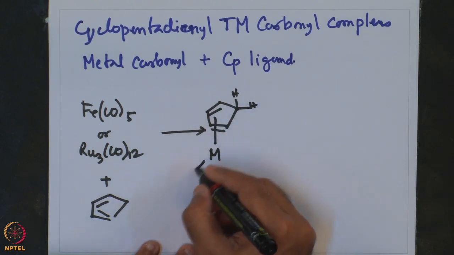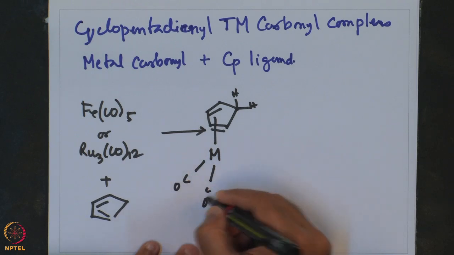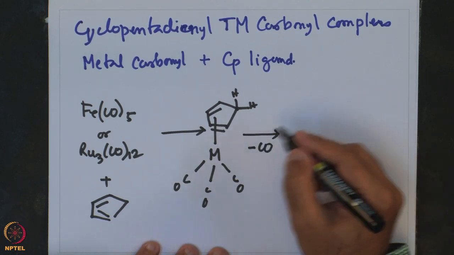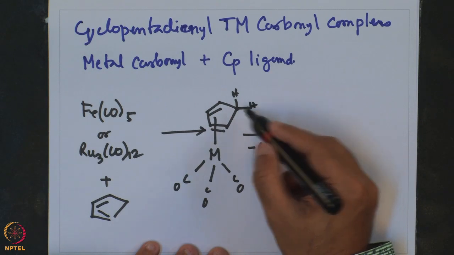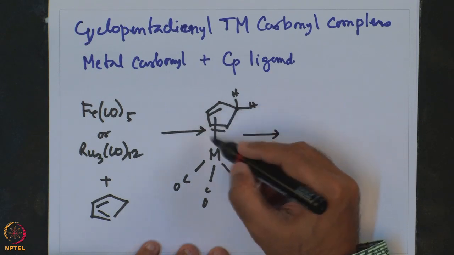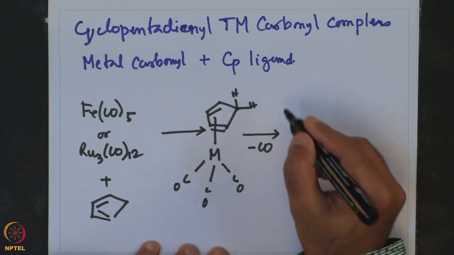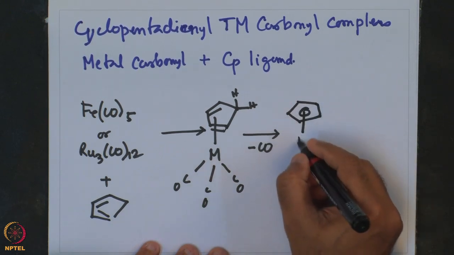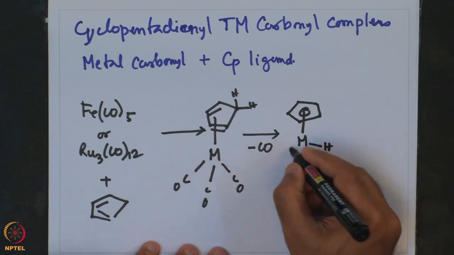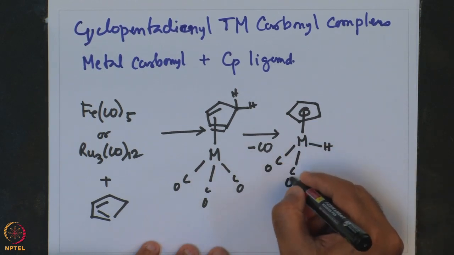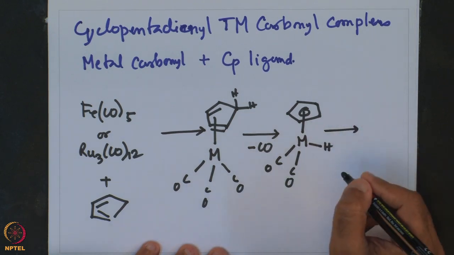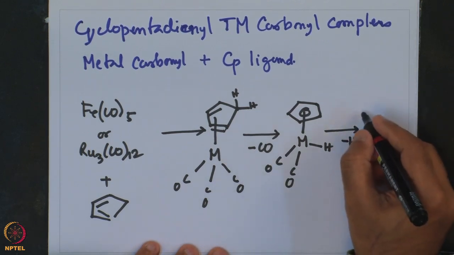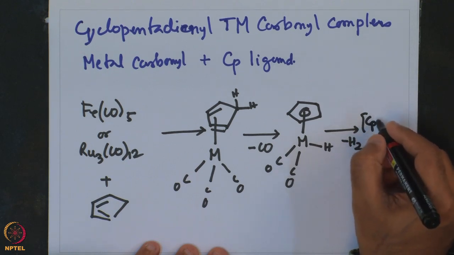of metal tricarbonyl, which loses a carbon monoxide, followed by aromatization of the cyclopentadiene ring, resulting in a metal hydride complex, and which eventually eliminates hydrogen to give the dimeric compound.